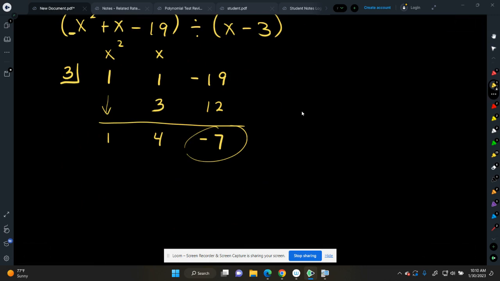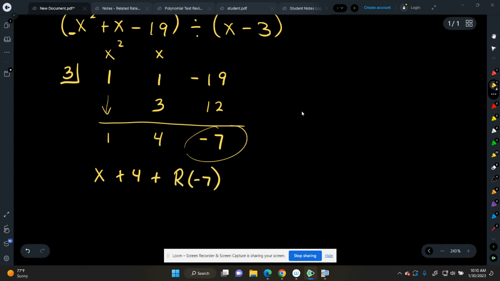That means this is going to be what? 1x plus 4. For now, for this worksheet, you're going to say it's plus a remainder of -7. Now, that's not technically the correct way to write it, but for now, we're going to. I'll explain more to you later, okay?